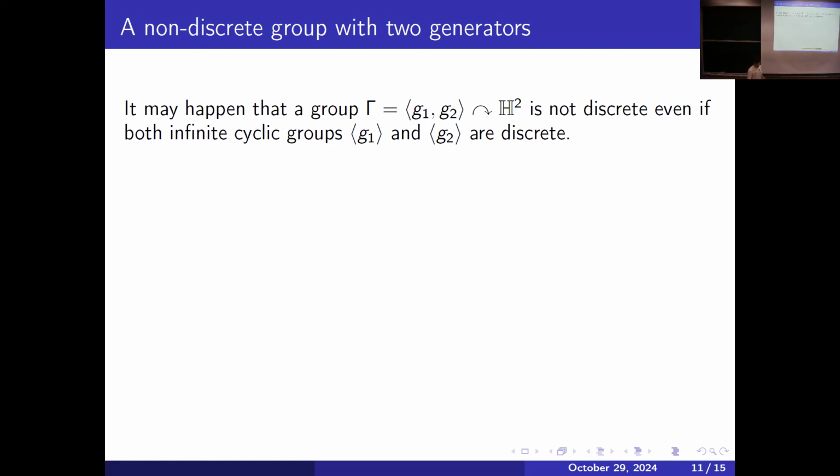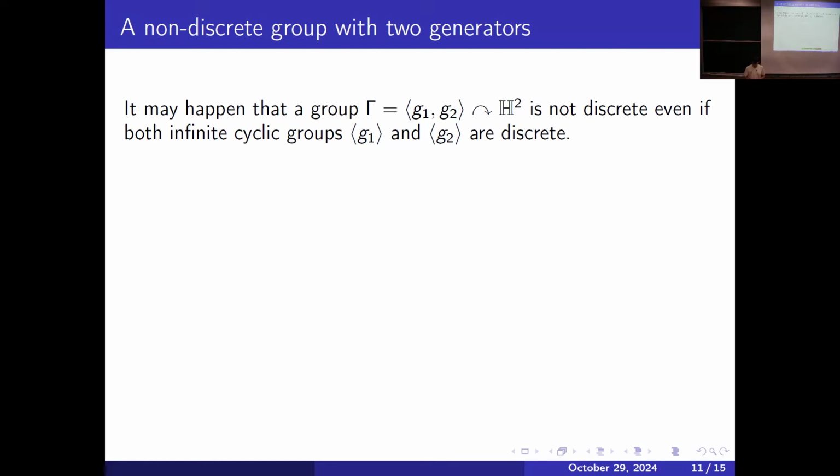So you can notice that in the Euclidean space, say, if you take two translations in different directions in the plane, you will always actually get a discrete group, Z squared.